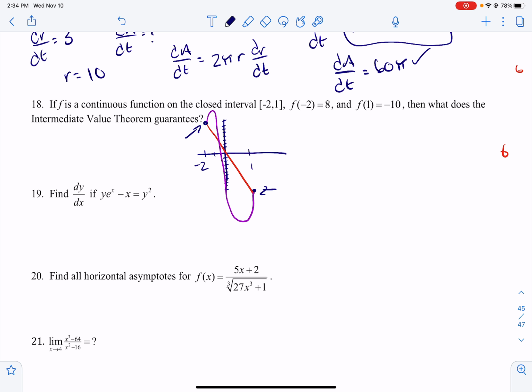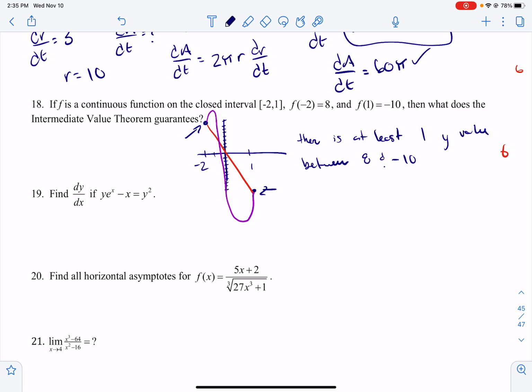So let's write that out. The intermediate value theorem guarantees that there is at least one y value between, what were my y values? 8 and -10.